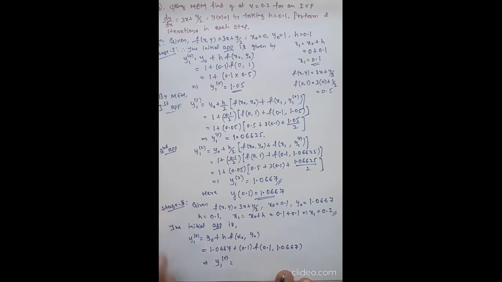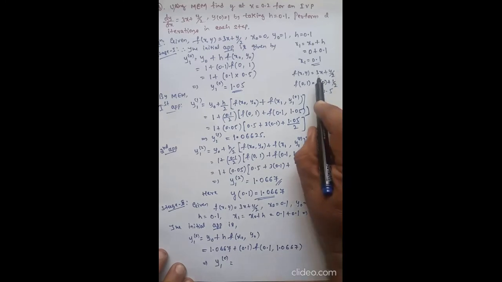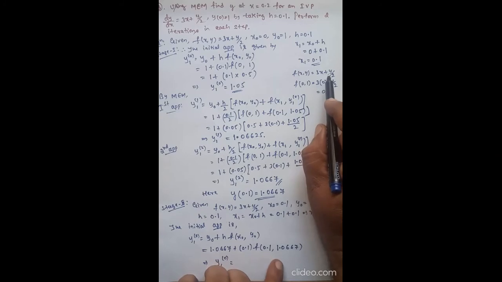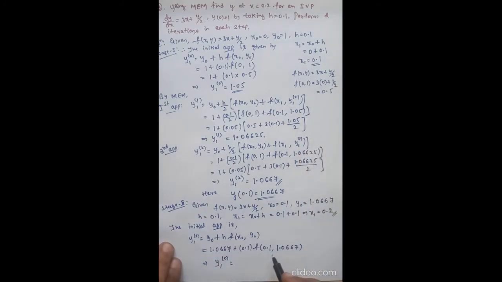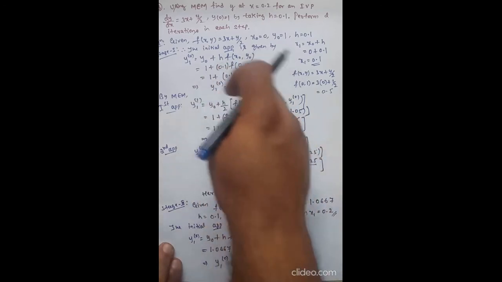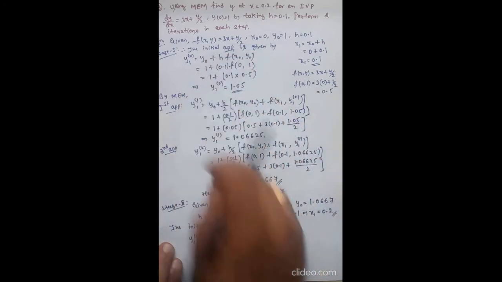Directly I will write. If we calculate f of 0.1 comma 1.0667, f of x comma y is (3x plus y) by 2. Put the values: x is 0.1, y is 1.0667, divided by 2. Substitute that here and simplify like the first problem, the first stage.